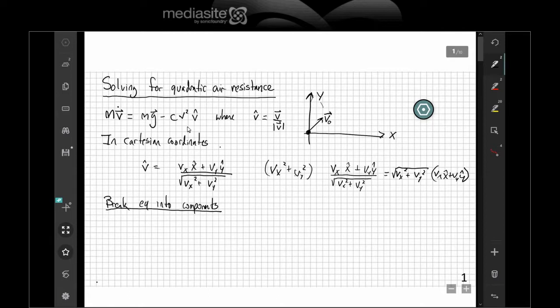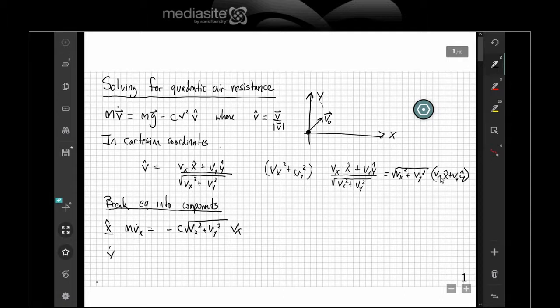Okay. So in the x direction, I'm going to have m vx dot minus c, then the x component of this term, which is this times vx. So I'm going to have the square root of vx squared plus vy squared, times vx. Okay.